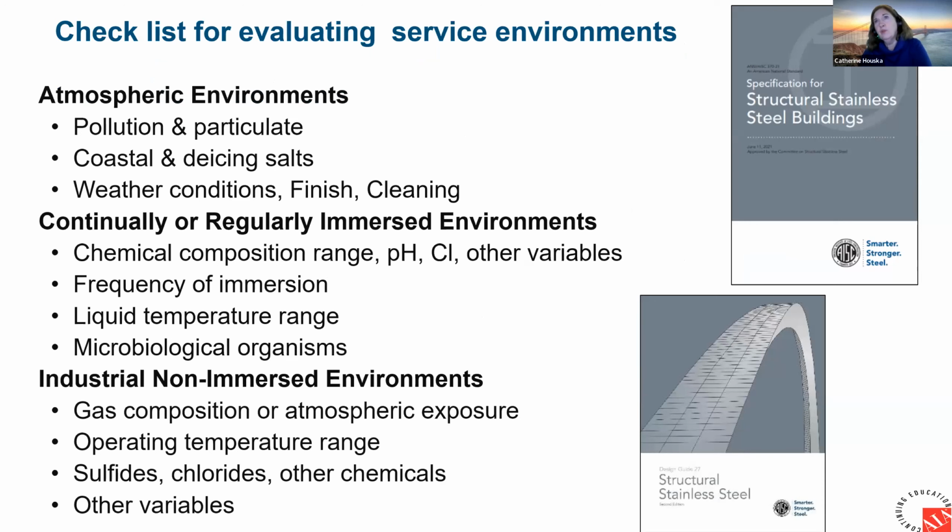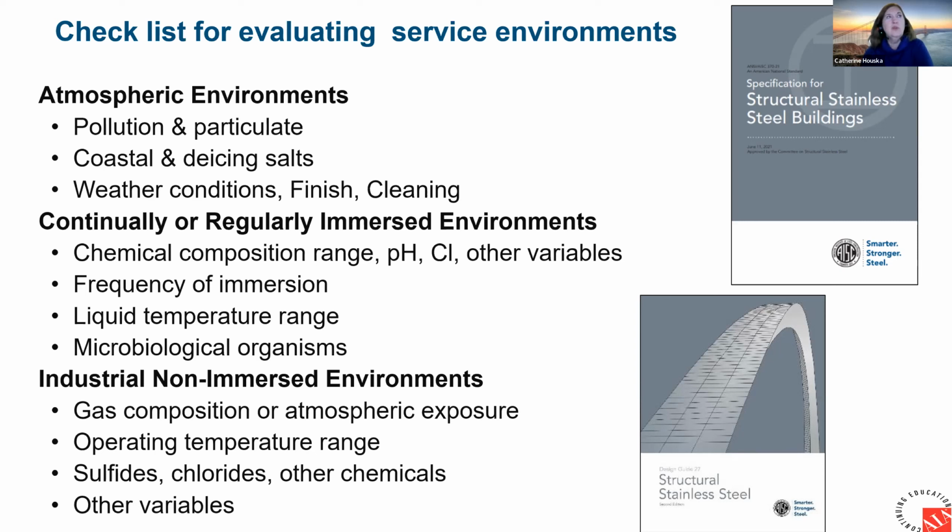I'm going to focus a bit on one of the requirements in section A. Within A, we not only have part of the specification in our requirements to look at specific types of corrosion and consider it during design.